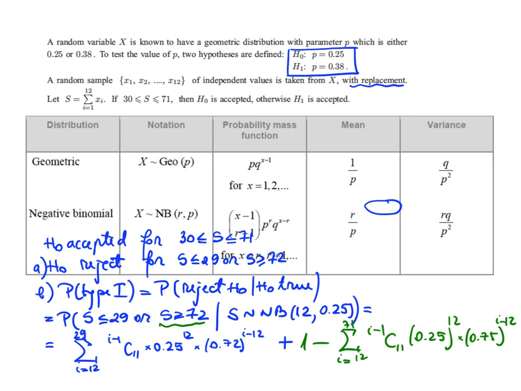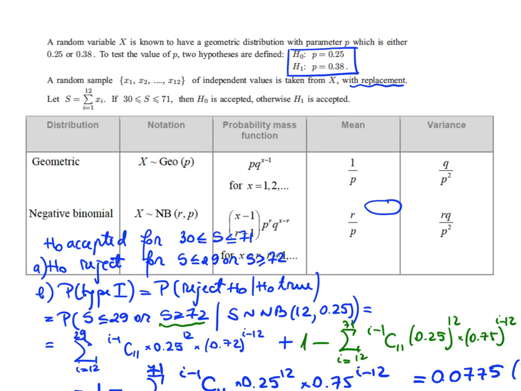So if you want to work it out further, it will be 1 minus the sum i starts from 30 to 71, (i minus 1) combination 11 times 0.25 to the power of 12 times 0.75 to the power of i minus 12. Or you can put that line in the GDC using a sigma symbol. And your answer will be 0.0775 to three significant figures.